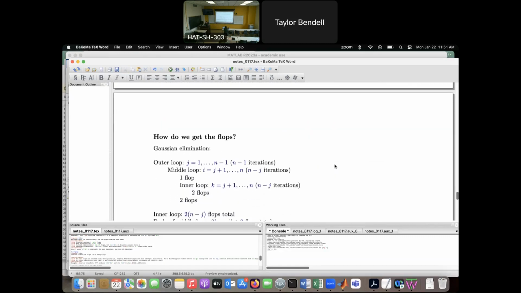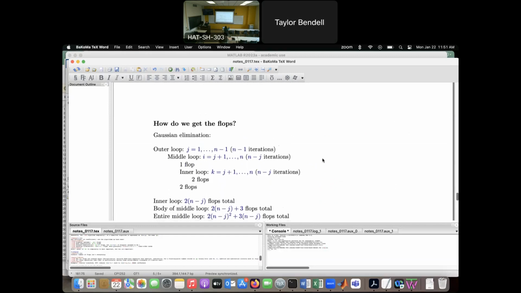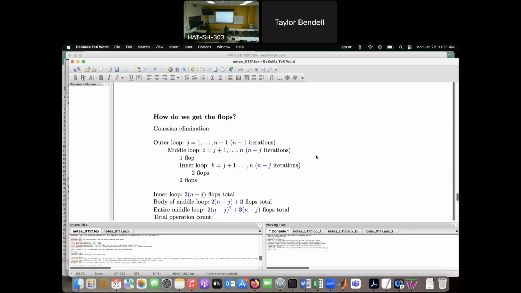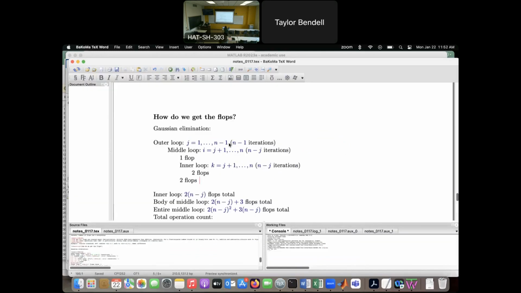Okay, so how do we get the flops? Where does that 2/3 n cubed come from? So here's a general layout of the algorithm. We're counting the number of iterations for each loop. The outer loop runs n-1 times. The middle loop goes from row j plus 1 down to n, so you're counting the number of iterations; it may be a variable.